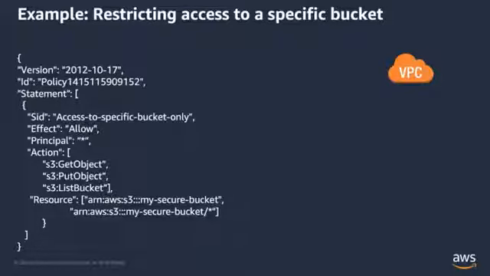We have our SID, access to specific buckets only, effect allow, principal star, so any principal, and our action is S3 GetObject, S3 PutObject, and S3 ListBucket. And we list my-secure-bucket, so for bucket level operations, and my-secure-bucket/star for our object level operations. All right, so from this VPC, going to this VPC endpoint, you can only get to this one bucket, and you can only do these actions. Right? It's really locked down.